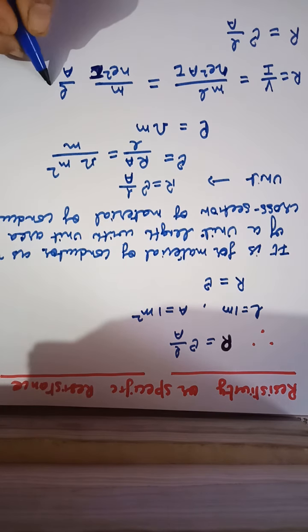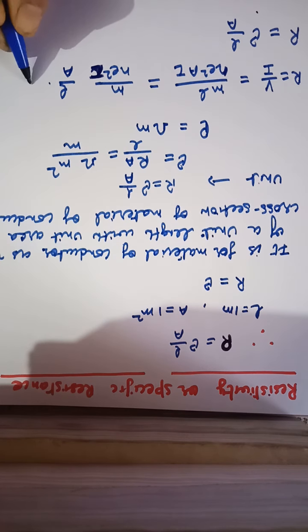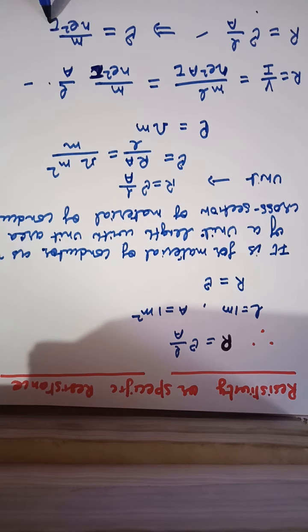So on comparing this and this formula, what have you got? You have got another formula of rho: rho is equal to m upon N e square tau.